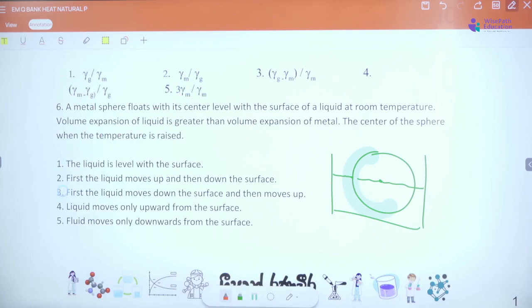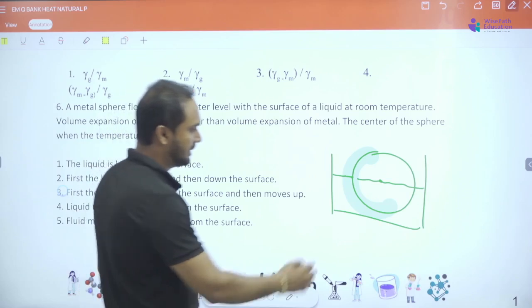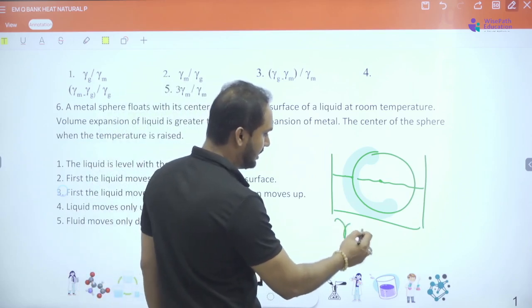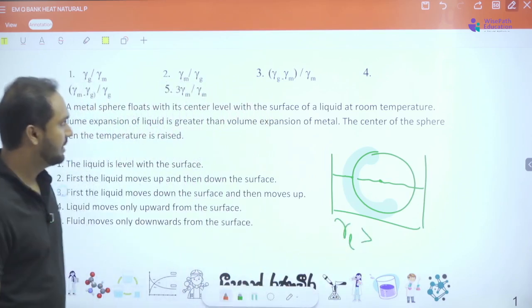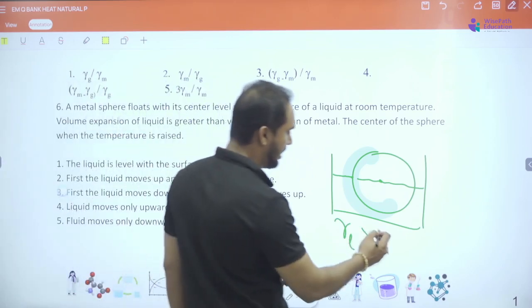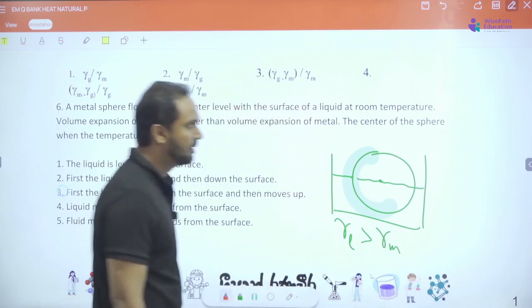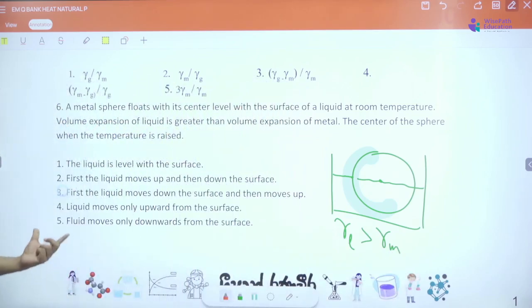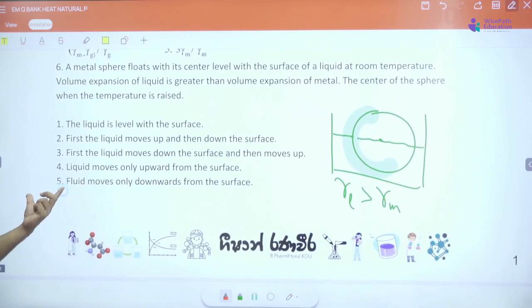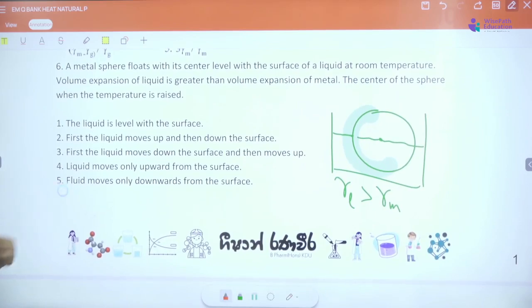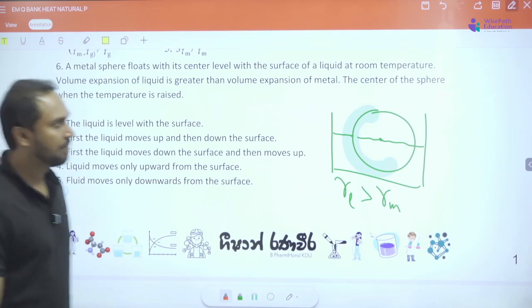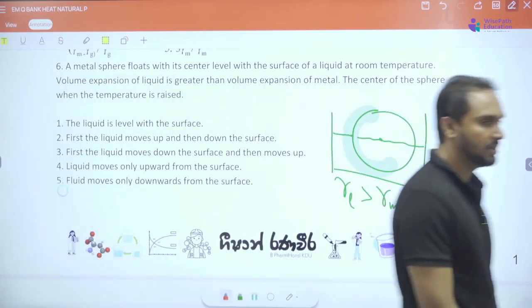The volume expansion of the liquid is greater than the volume expansion of the metal. When the temperature is raised, what will happen to the center? Would it go down? Would it go up? What will happen?